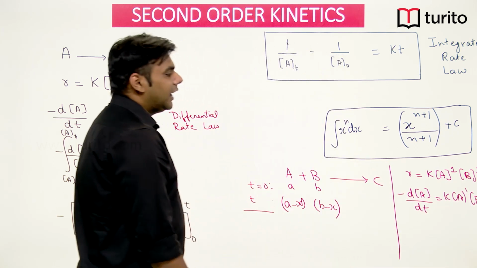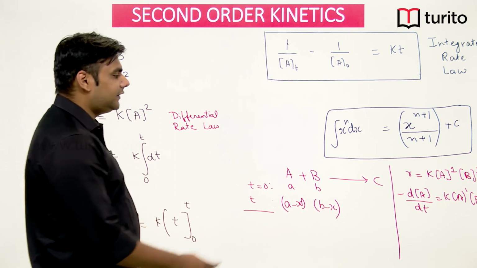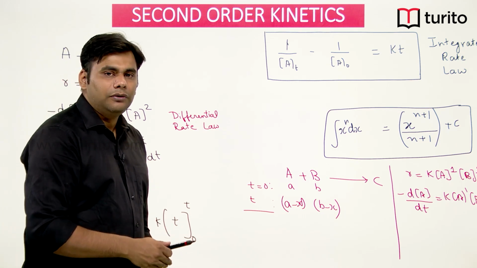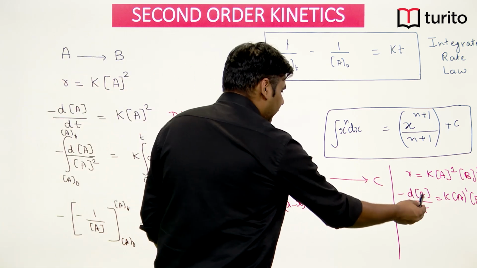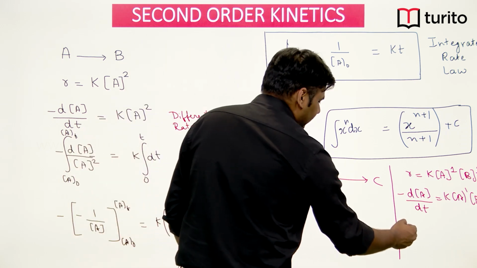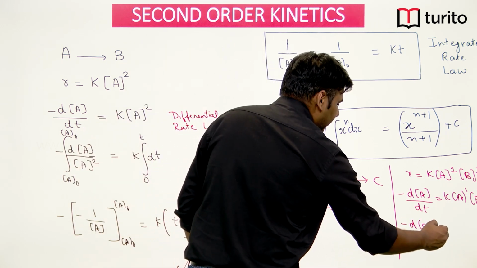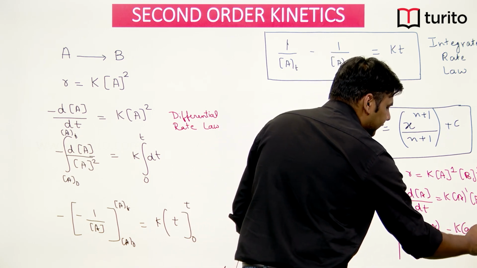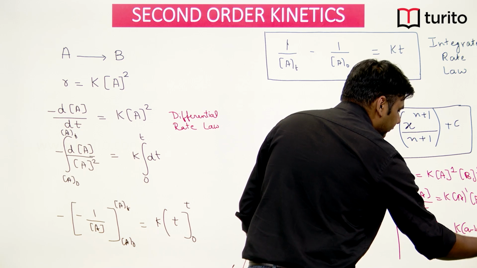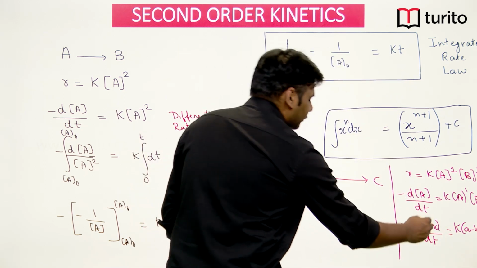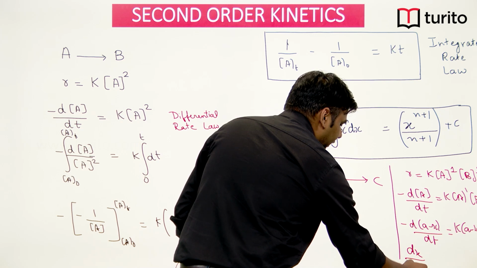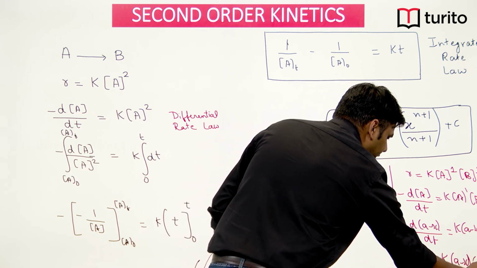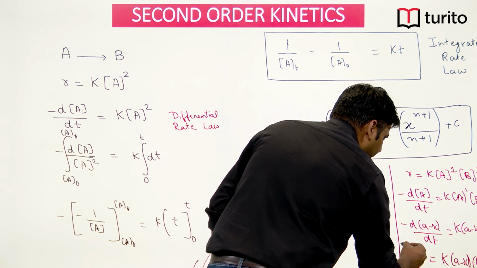Now for deriving the integrated rate law, we will write this in terms of x because we cannot integrate B with respect to A. So we put A as A minus x, and B will be B minus x. So this would come out to be dx upon dt equals K into A minus x into B minus x.